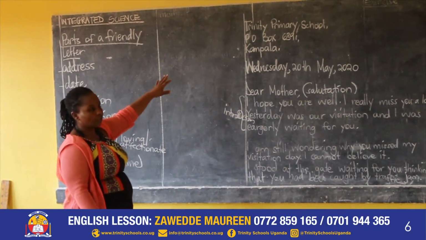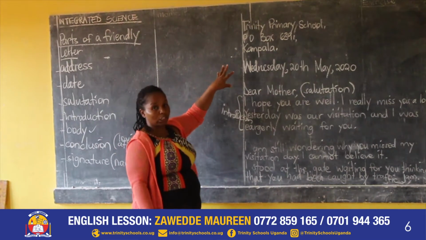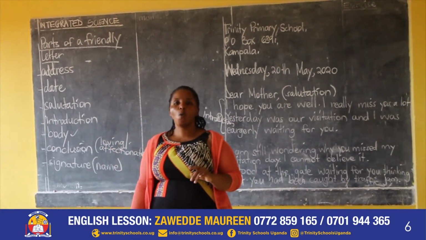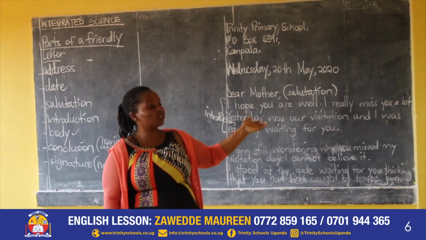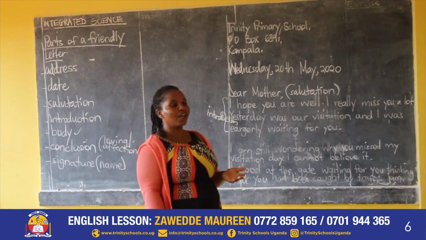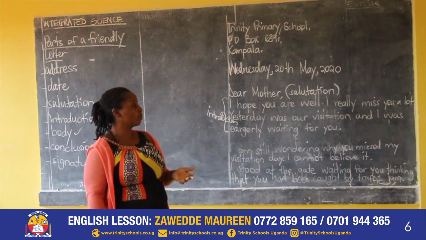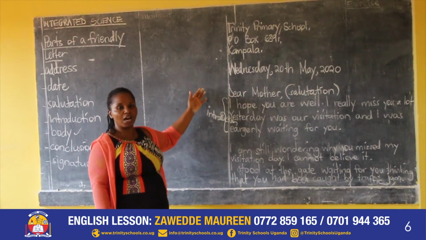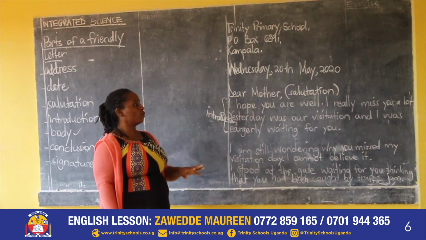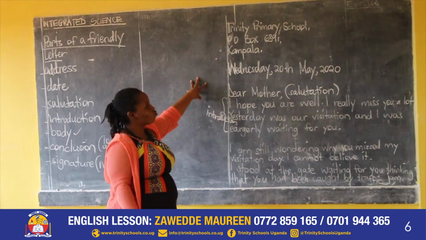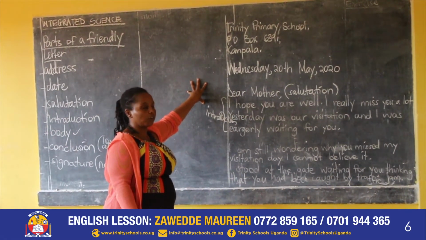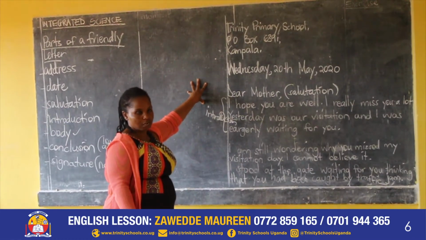Let us use this sample for answering some questions. So children, there are points when they set for you such a letter and they require you to answer some questions about this letter. My advice to you candidates, we have already known the different parts of the letter. My advice is read this letter exhaustively such that you understand it.